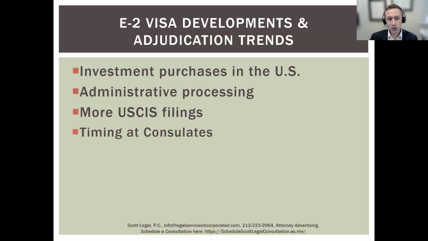Once the application has been stalled, delayed for months, a year plus, then you can sue the government and they can be responsive to that. But until you've waited for a few months, suing the government is not really going to help. So keep your fingers crossed that your application is not placed in administrative processing. And if it is, hope that it's a fast process, which it sometimes can be.